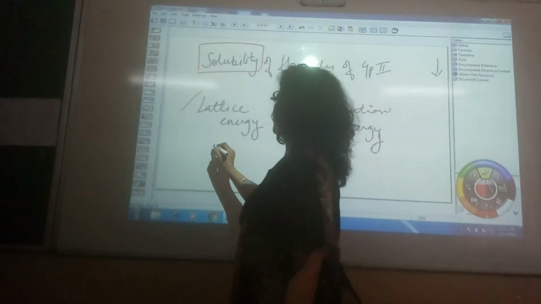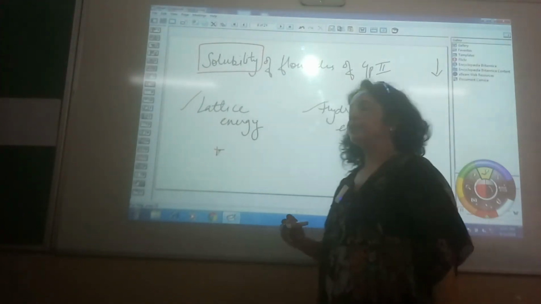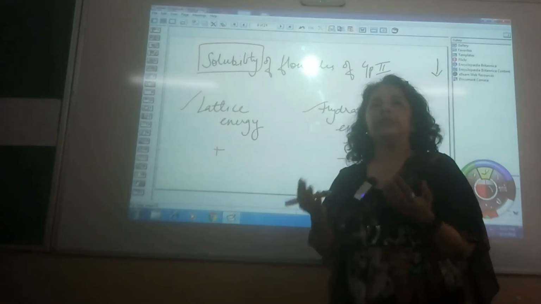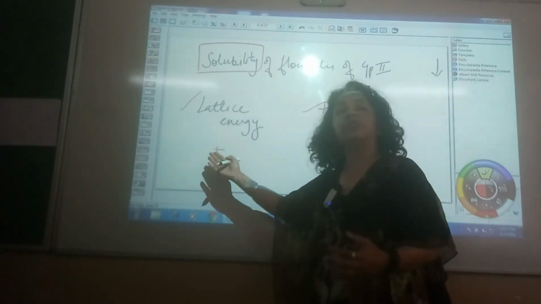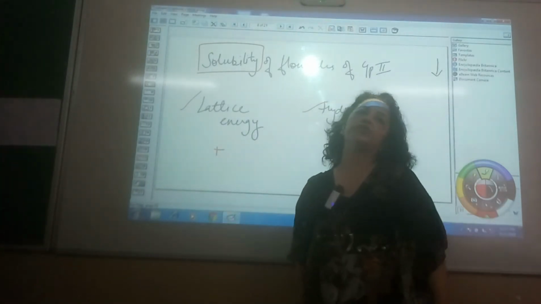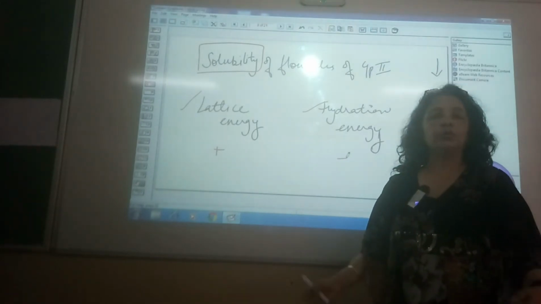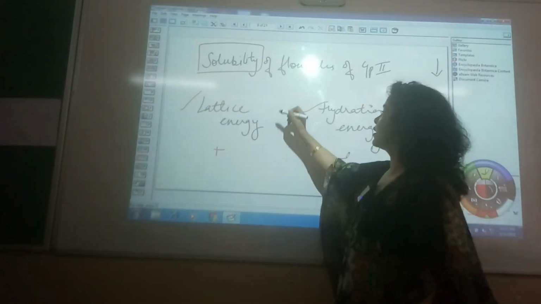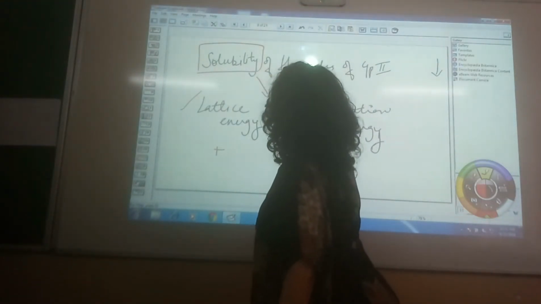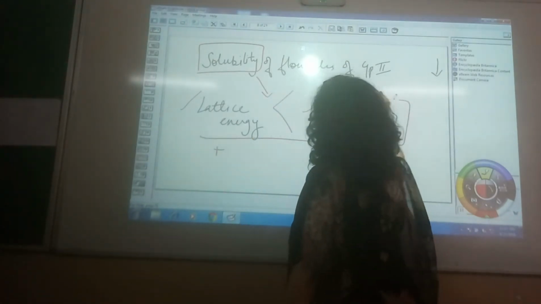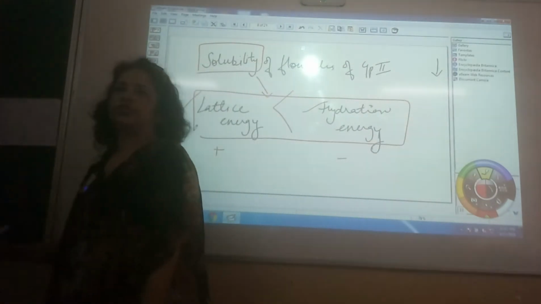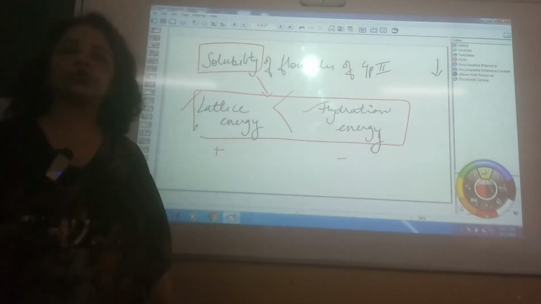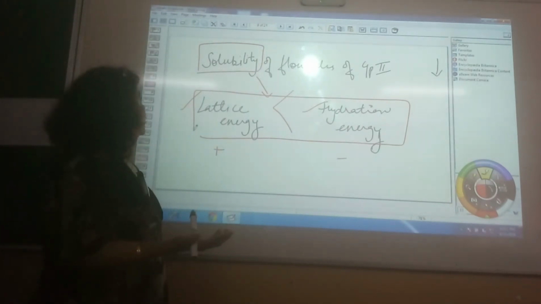So this is normally the energy required, while this is the energy released. If your energy required is more, then the process is not going to be spontaneous, so it will not be soluble. So the requirement for solubility is that hydration energy should be greater than lattice energy. Only then do we have the salts to be soluble.